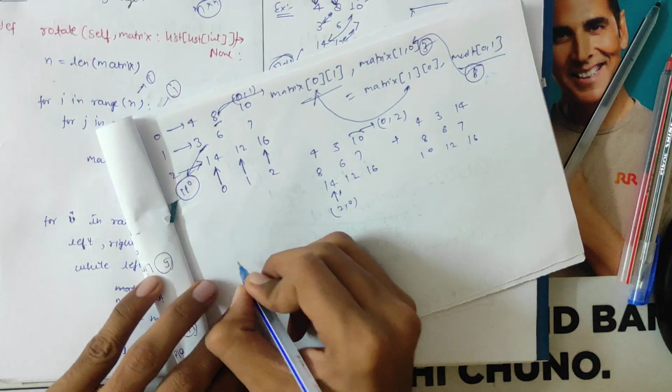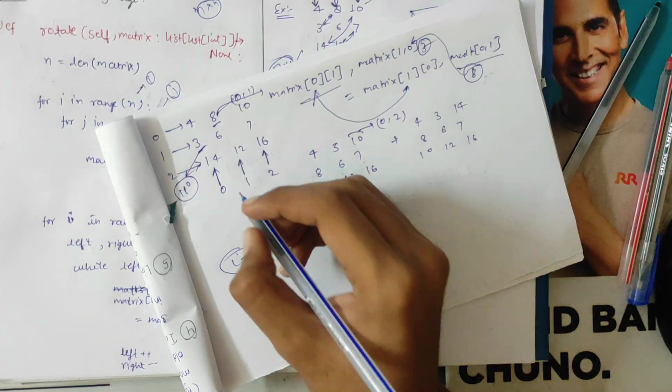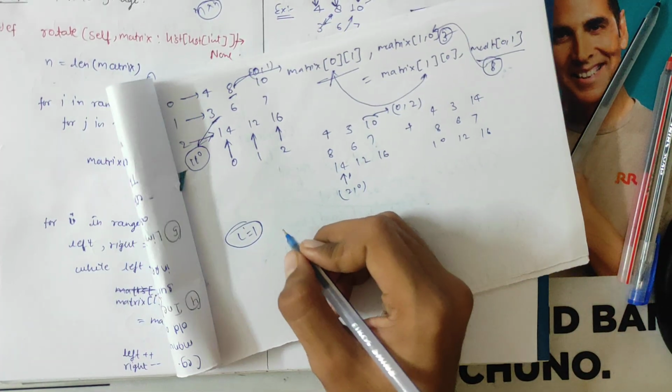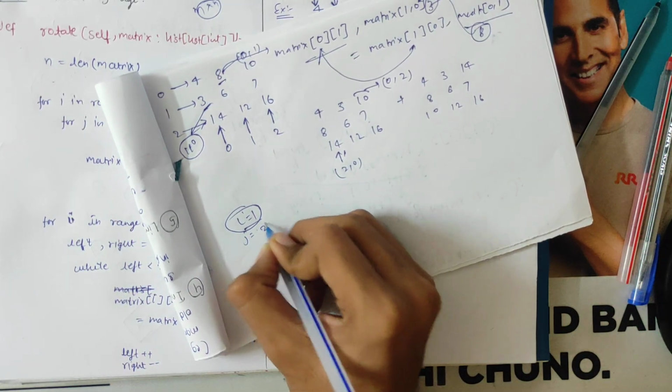Now again I will increase to 1, because j can't go more than 2. So when I is 1, j will be I plus 1, which is 2.